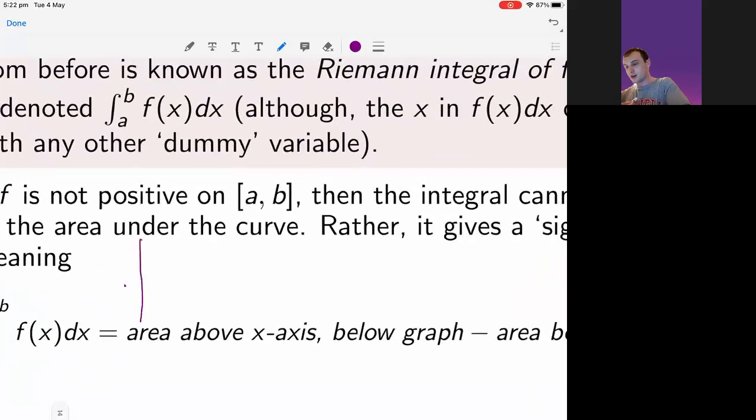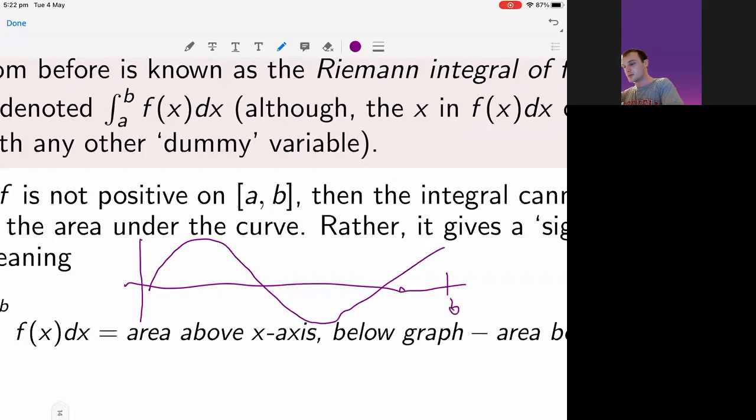Well, let's zoom in a bit here. If you've got a function that's changing signs a bit, and let's say this is b and this is a here, what's going on here? Well, on this part of the graph, your function is positive, and so you do get your usual notion of the area under the curve.